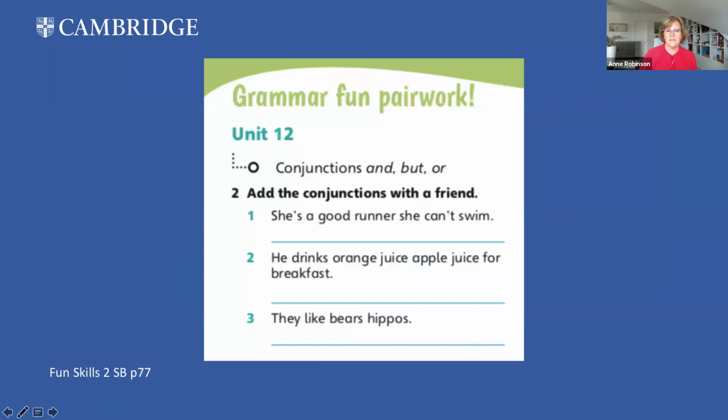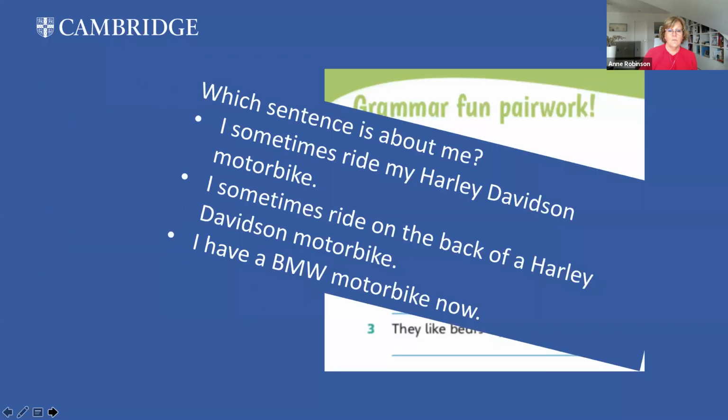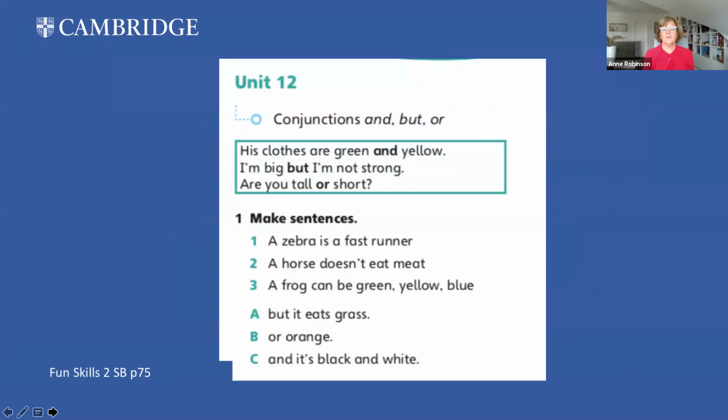So we have this first exercise, and then we have this one, which focuses again still on and, but, or. We have a little example box, and then we have make sentences. They have to match 1, 2, and 3 with either A, B, or C. And it's a kind of riddle.